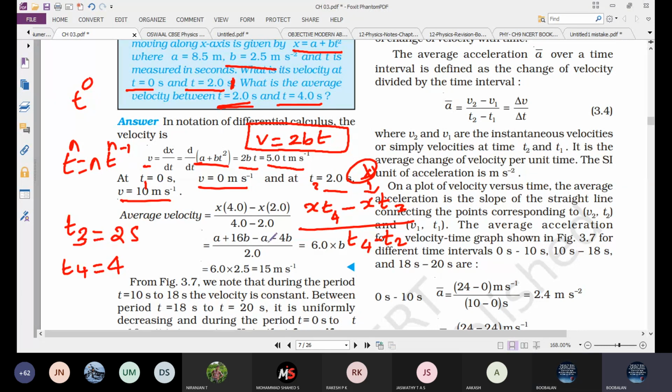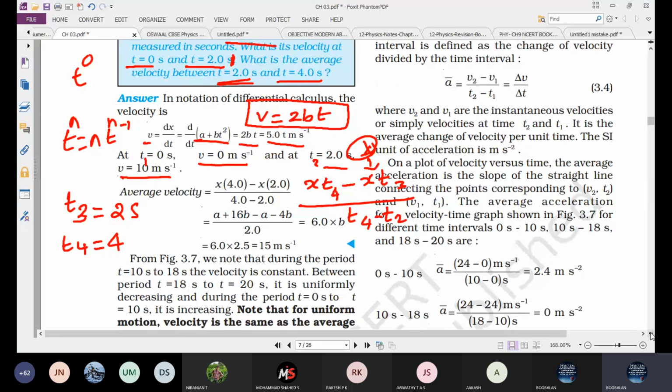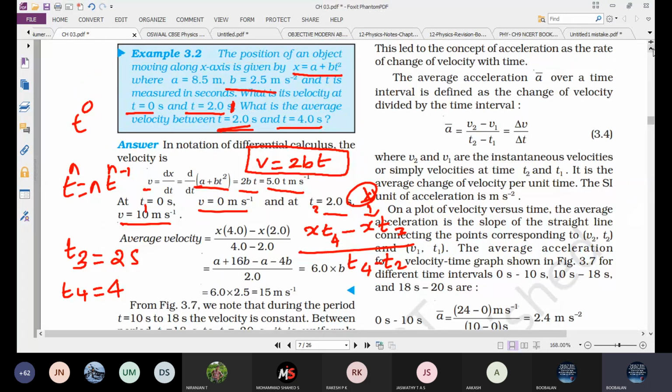Now the x value. What is the x value? A plus b t squared. Now the b value 2.5 into t, that is a 4.